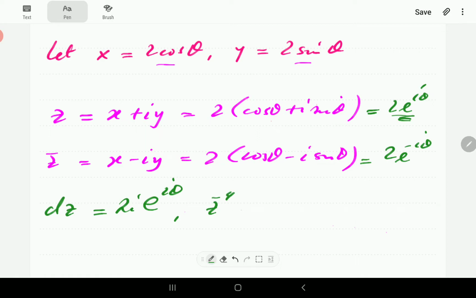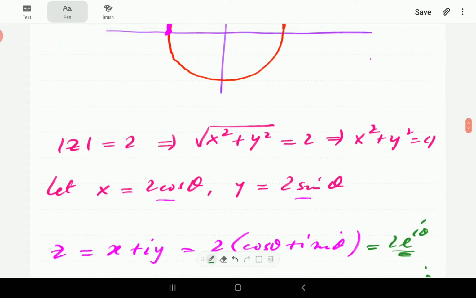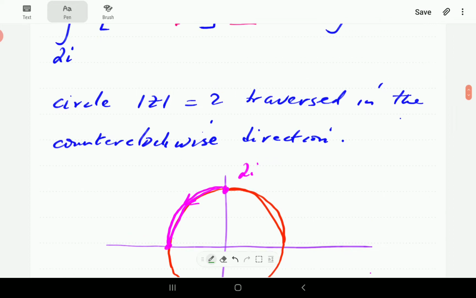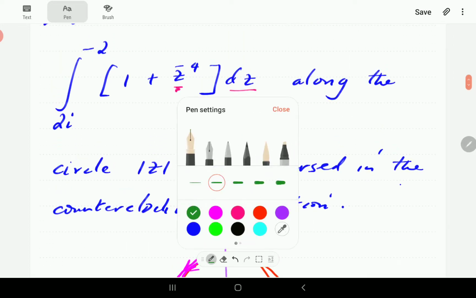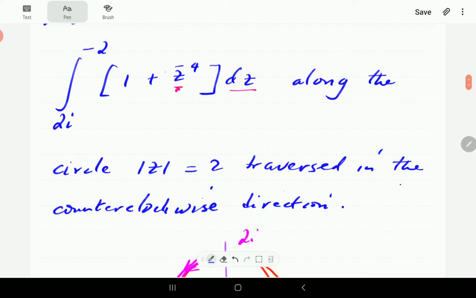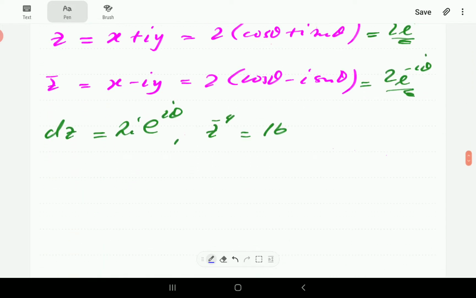Then this to the power of 4, which is going to be this thing to the power of 4. 2 to the power of 4 is 16. I just noticed that there is a 3 multiplying the z to the power 4. It's going to be 16e to the power of negative 4i theta.